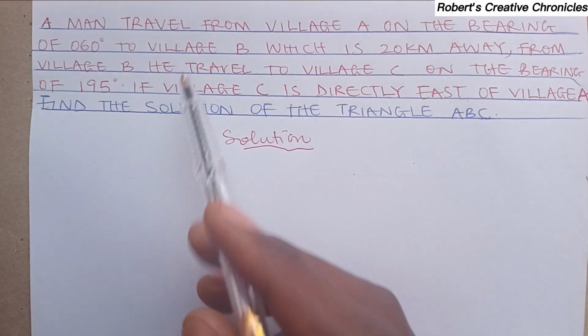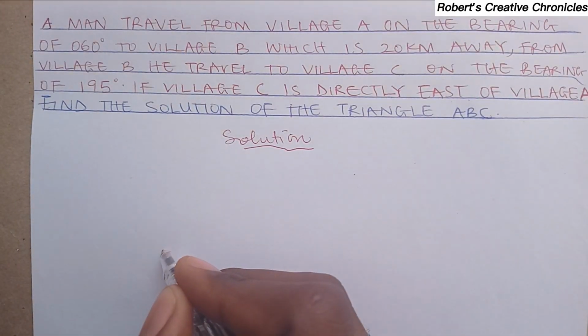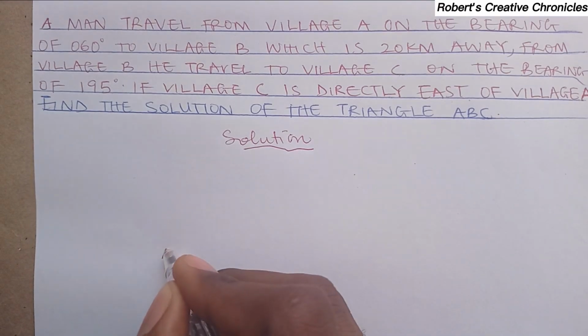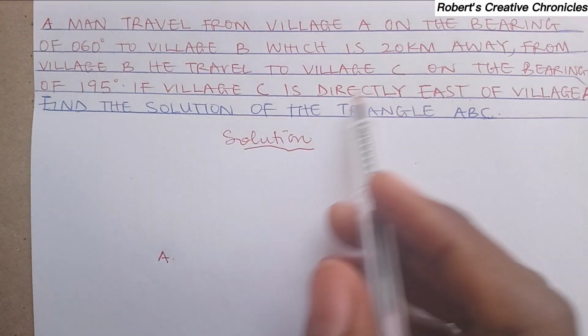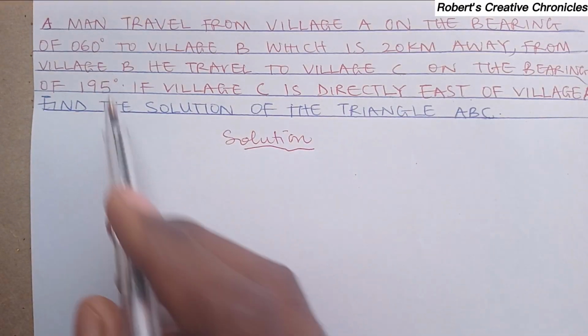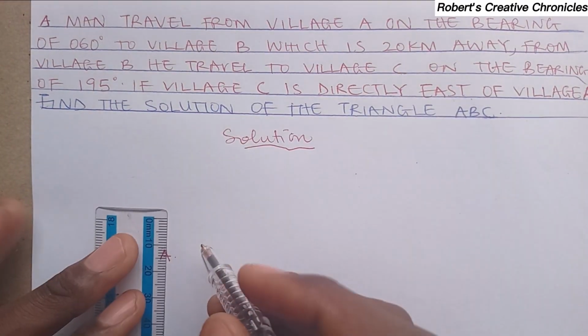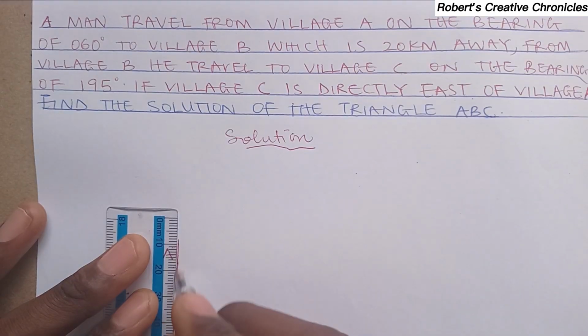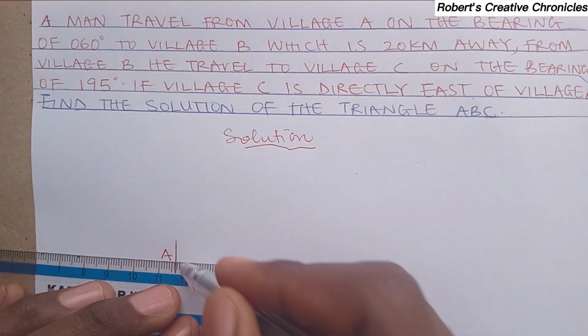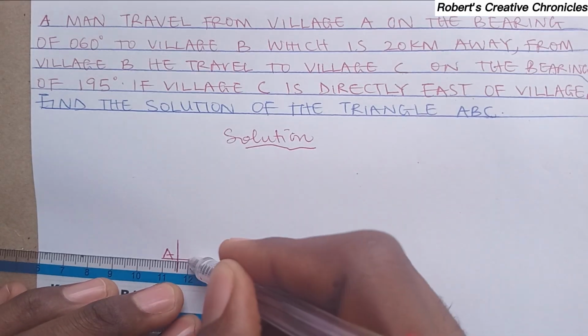A man traveled from village A. So let me see this village A, on the bearing of 60 degrees. Since it's bearing, you have to put north, south, east, west.